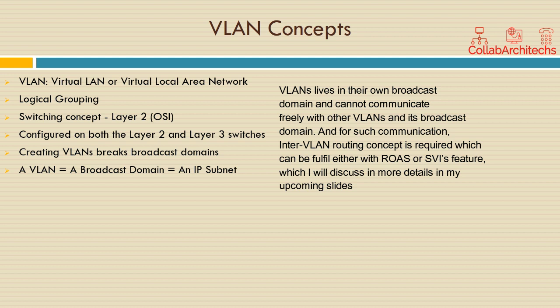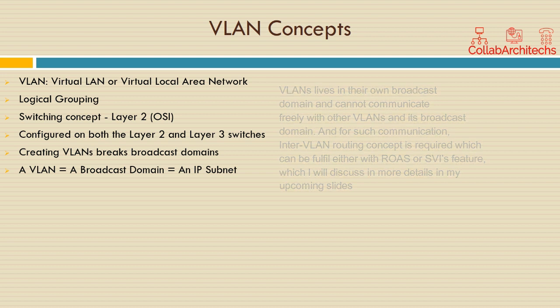For such communication, the inter-VLAN routing concept is required, which can be fulfilled with either ROAS or the SVI feature, which I will discuss in more detail in my upcoming slides.